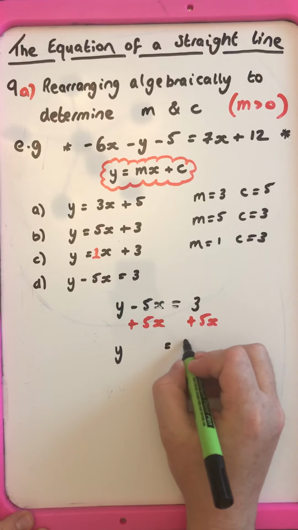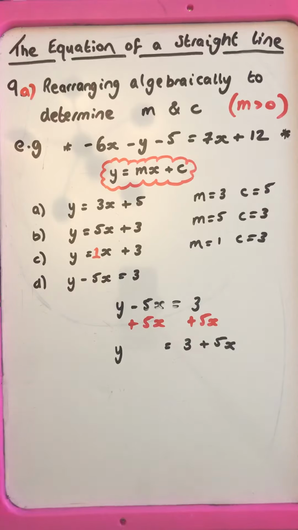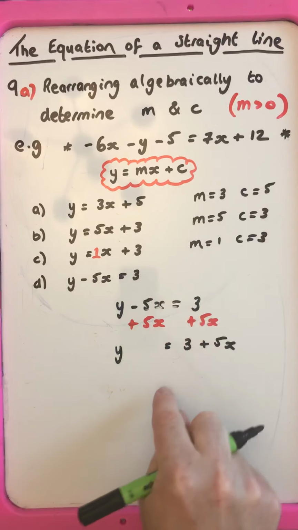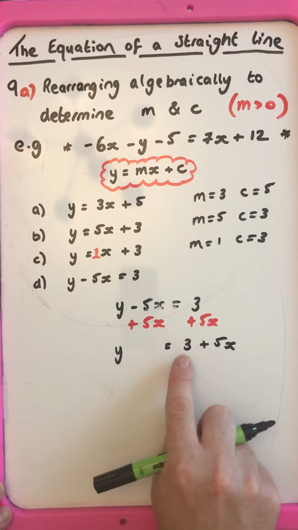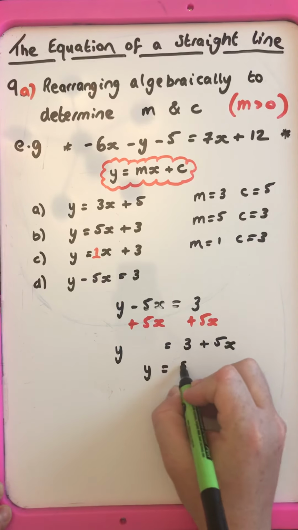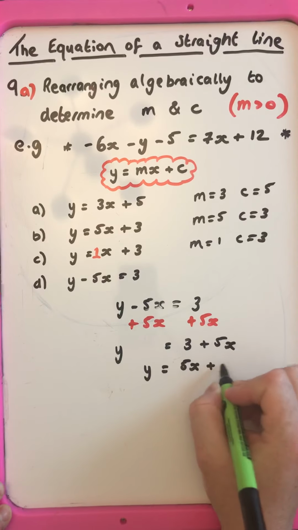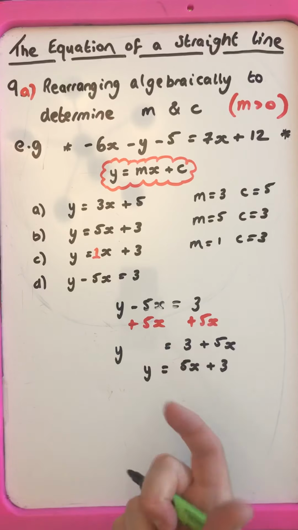Now, because we solve equations and we're learning to add things on, do they go at the end, do they go at the start, we need to be sure that we understand that 3 plus 5x is exactly the same as 5x plus 3. If you add two things together, it doesn't matter which way around you do it.